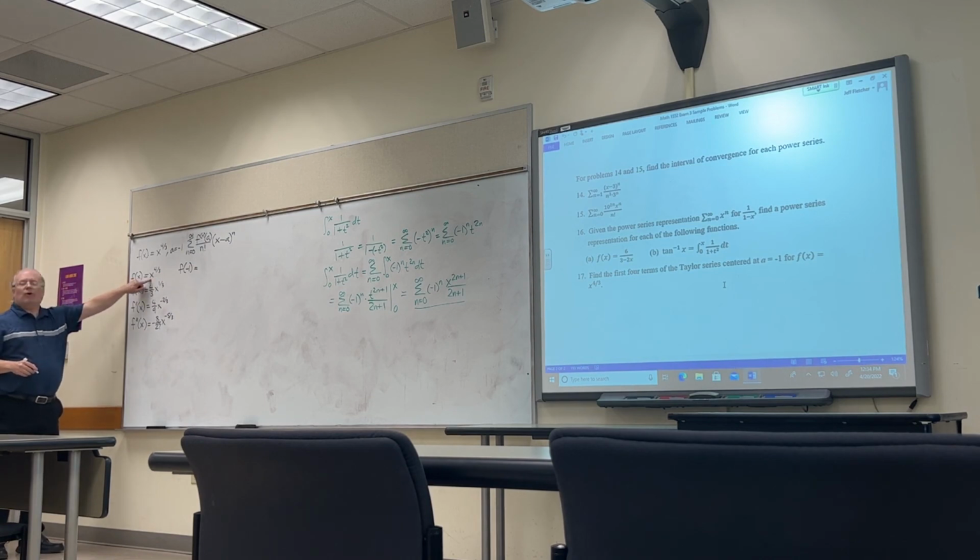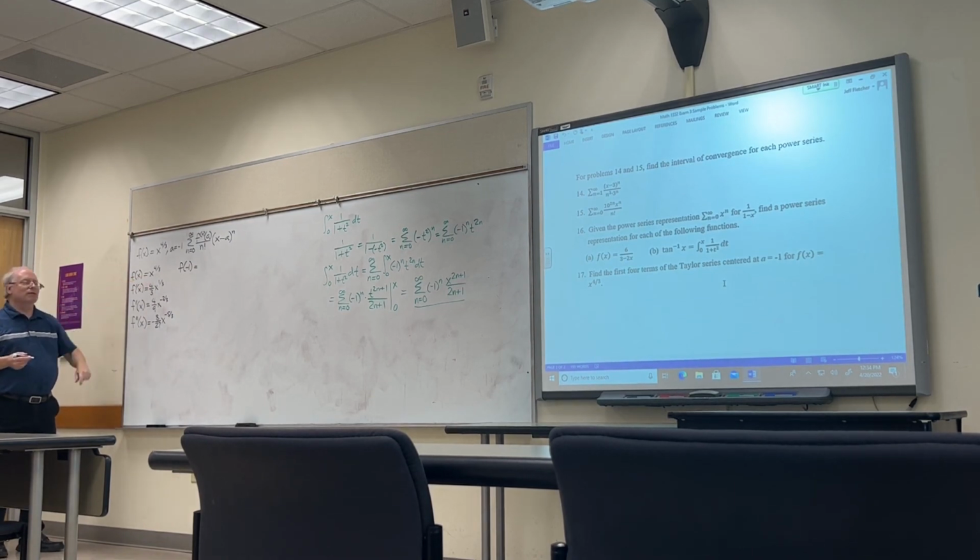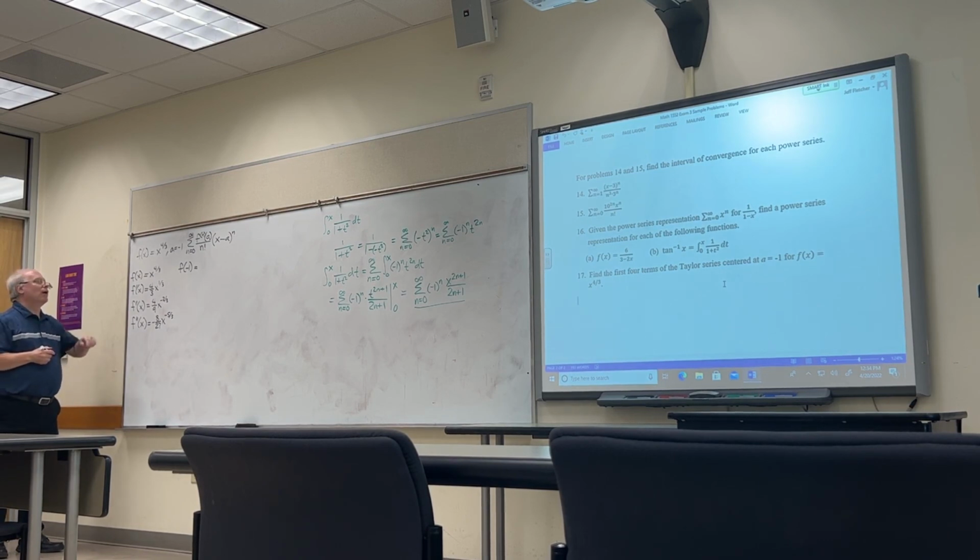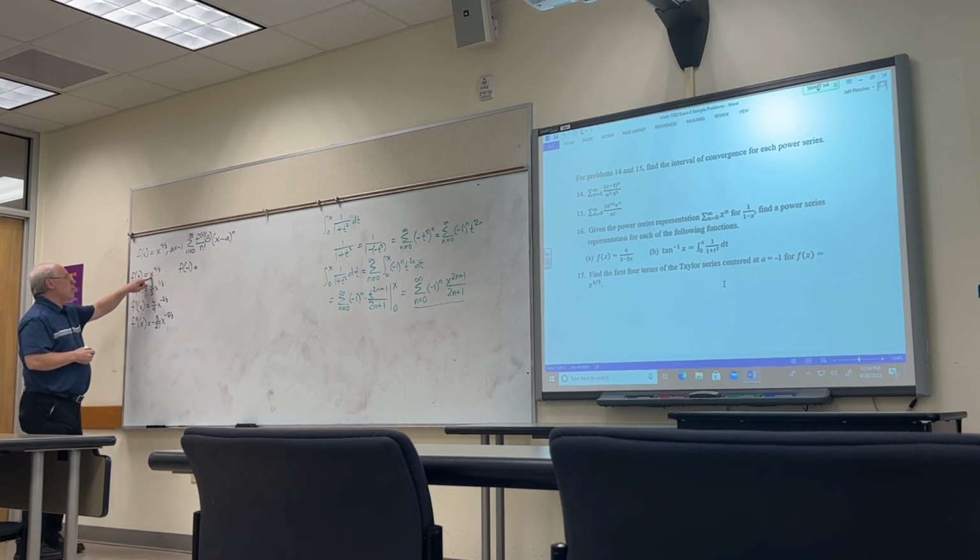All right, so what do we get when we plug negative 1 into x to the 4/3? What's negative 1 to the 4/3 power? How do you take a 4/3 power of a number?